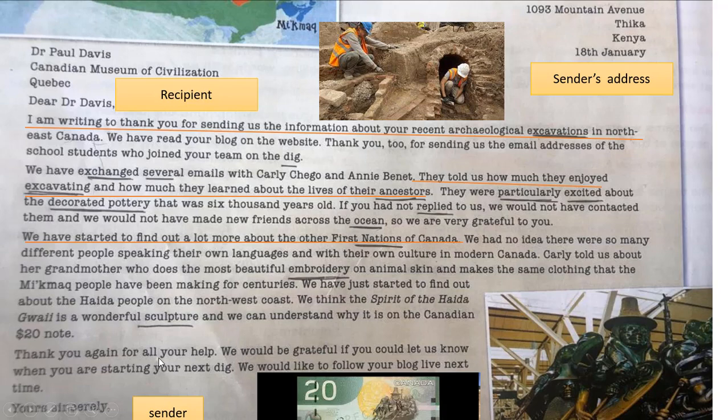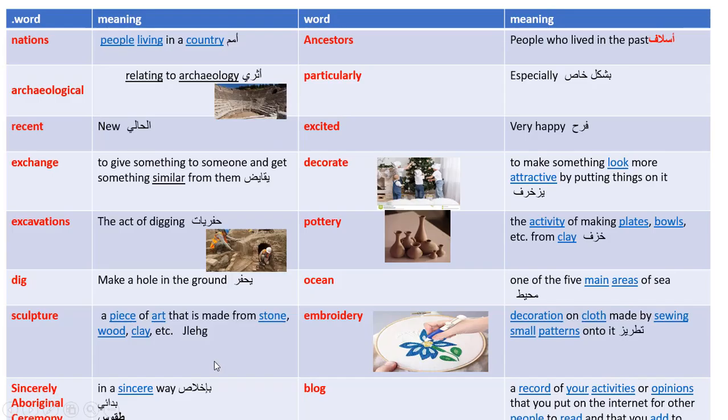Thank you again for all your help. We would be grateful if you could let us know when you are starting your next dig. What does the word dig mean? Make a hole in the ground.